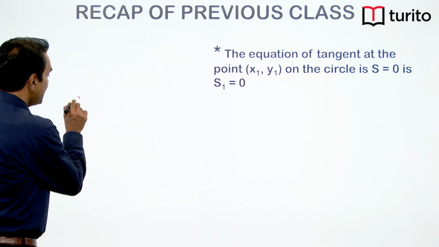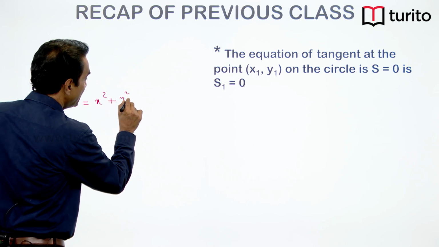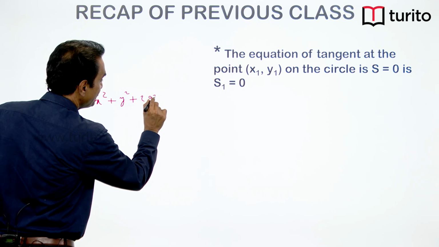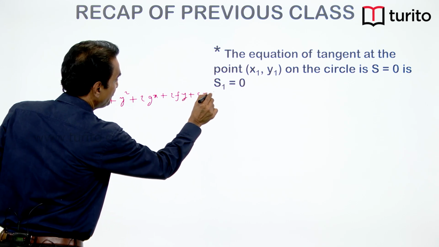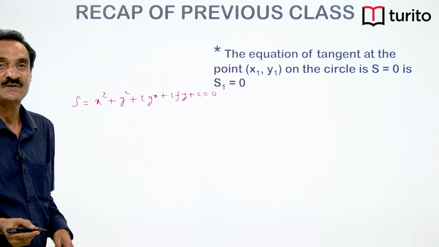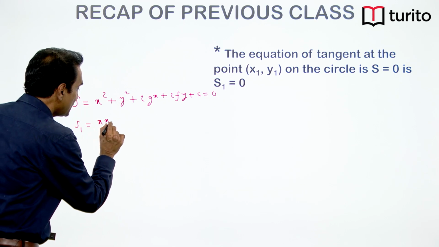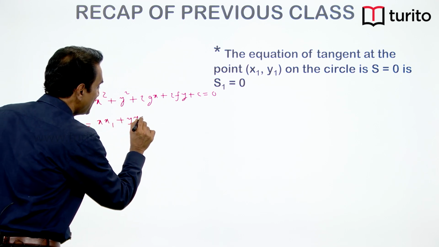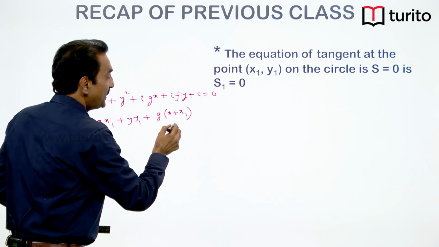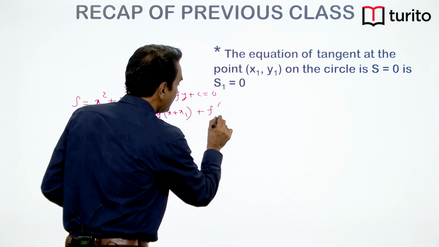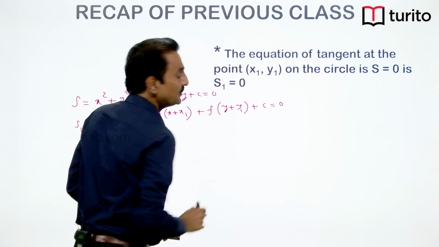If S is x square plus y square plus 2gx plus 2fy plus c is equal to 0, this is the general equation of a circle in the standard form, and S1 is xx1 plus yy1 plus g into (x plus x1) plus f into (y plus y1) plus c is equal to 0.